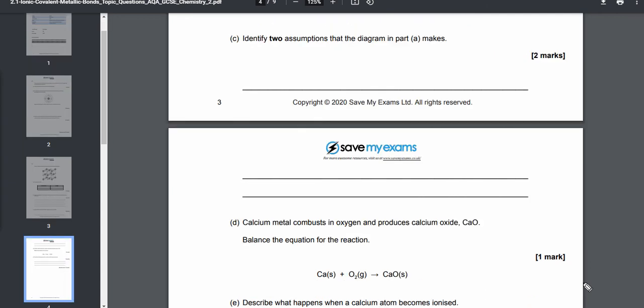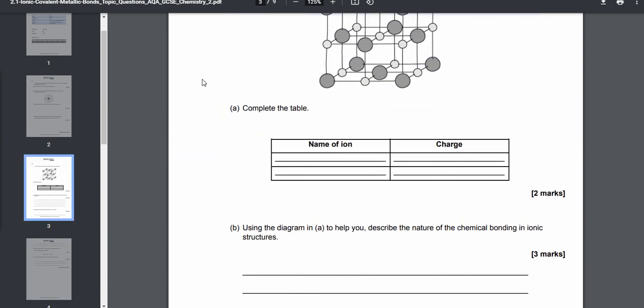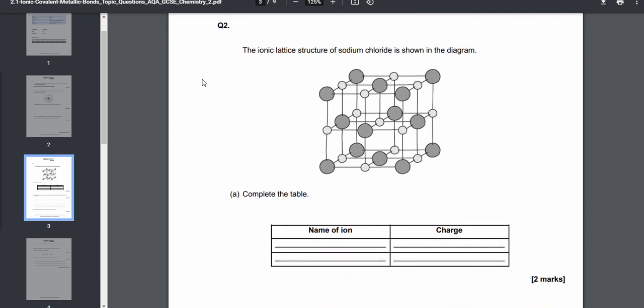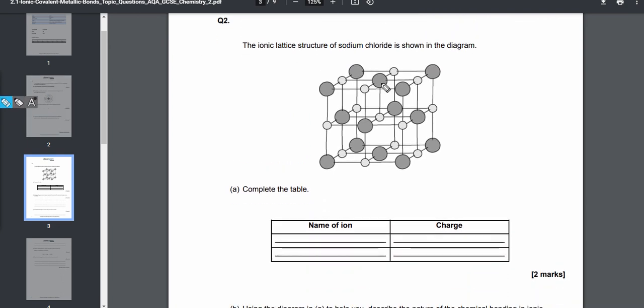Now let's move on to the next. Alright, so in this part it says identify 2 assumptions that the diagram in part A makes. So let's go on to the diagram and let's see what are the assumptions that we have made that may be incorrect. So in this diagram you can see the size of the sodium and chloride, it is not drawn to the scale.